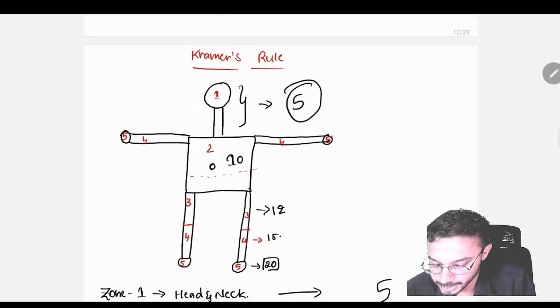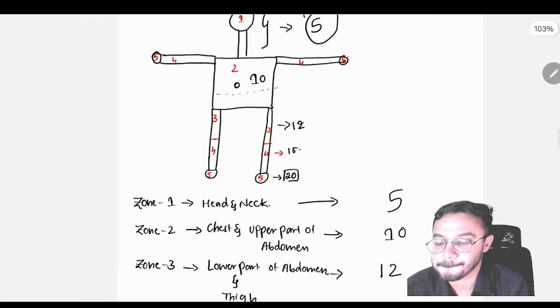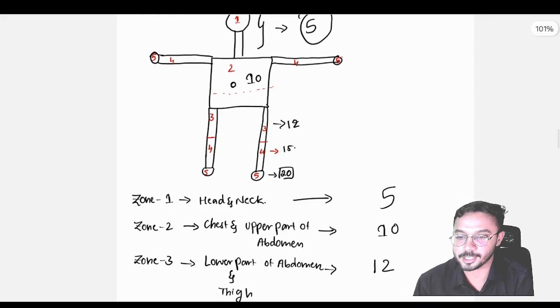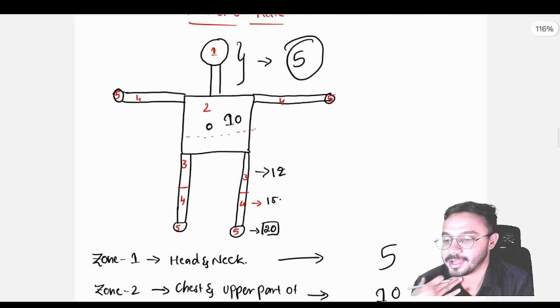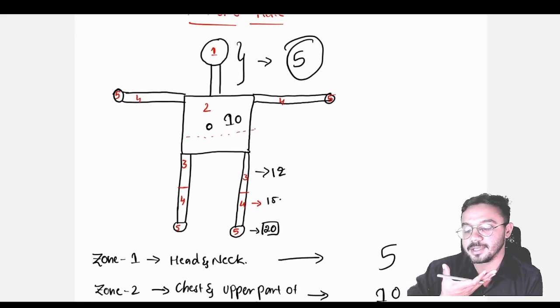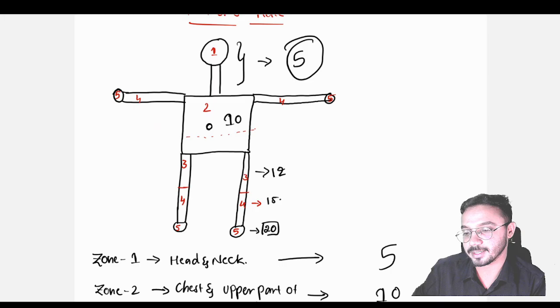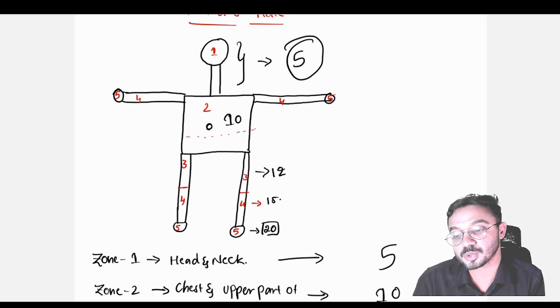These are all very important in Kramer's rule. Go through this very carefully. I have simplified the diagram: head and neck 5; from the chest to the upper part of the abdomen, that is zone 2, that is 10; and zone 3 is the lower part of the abdomen until your thighs, that is your zone 3.